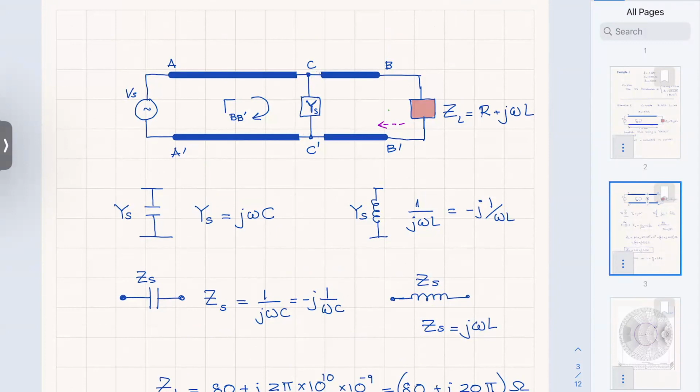Because anywhere, if the reflection coefficient is 0 here, it's going to be 0 here too, all right? So I'm going to go to the center.